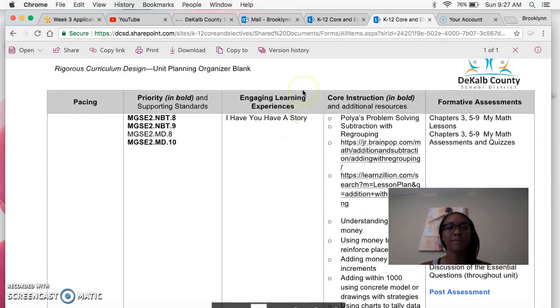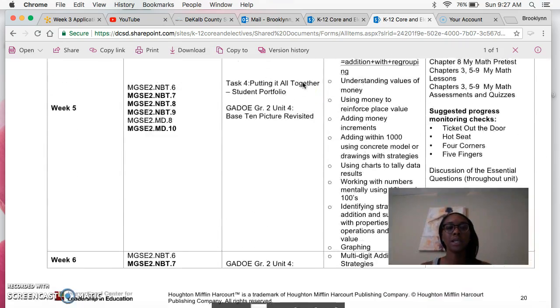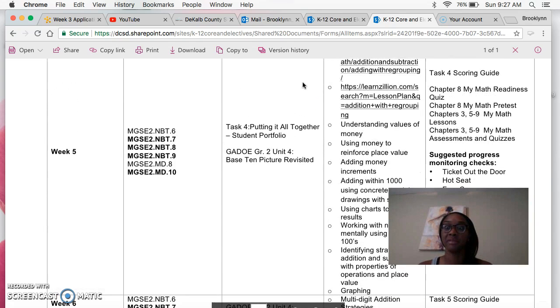So overall, I feel as though the standards that guided the unit were fine. I do think I will go back and say that the post and pre-assessments were not age appropriate for our students, and they did not test their ability to complete or their mastery of the content of adding and subtracting within 900, and not at all.